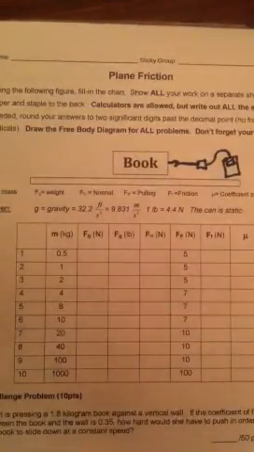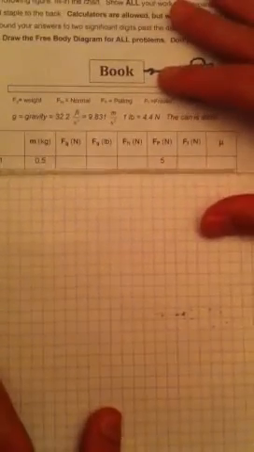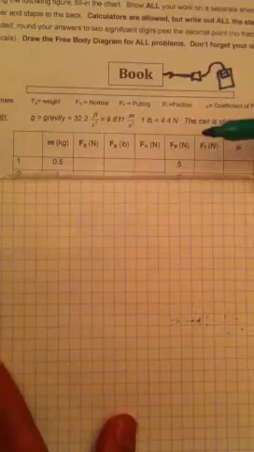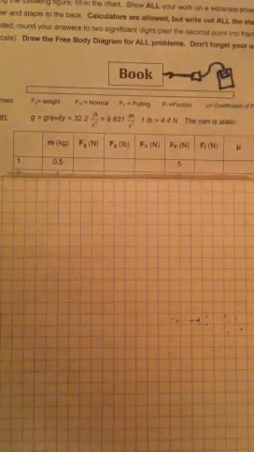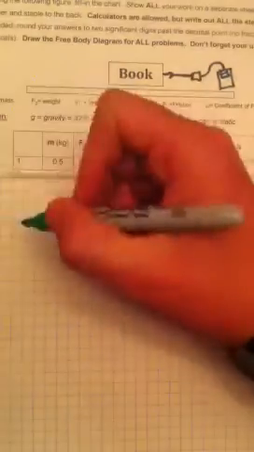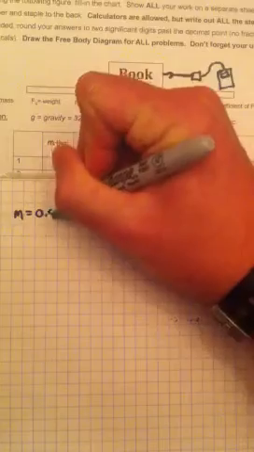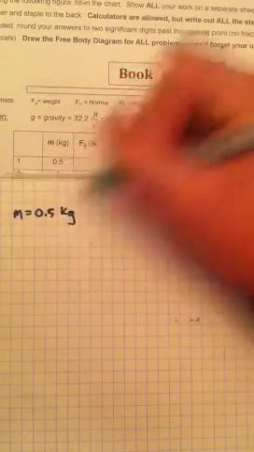Okay, so in problem one, we're given a couple pieces of information. Notice problem one, let me set up my papers here, is the first row across there. So problem one, we're given that the object has a mass of 0.5 kilograms.